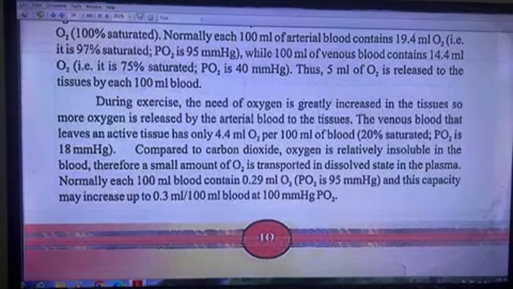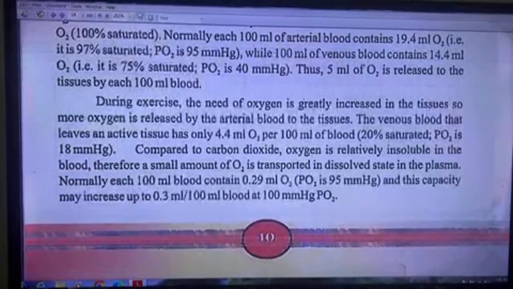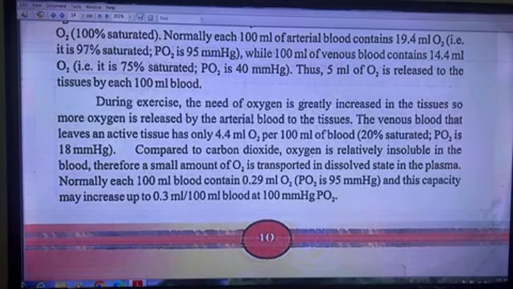Compared to carbon dioxide, oxygen is relatively insoluble in blood. Therefore, a small amount of O2 is transported in the dissolved state in the plasma.